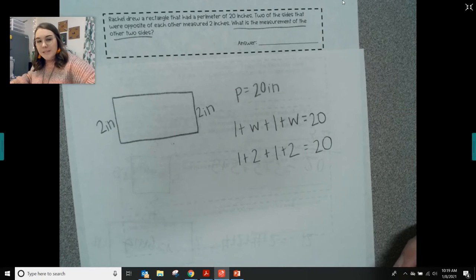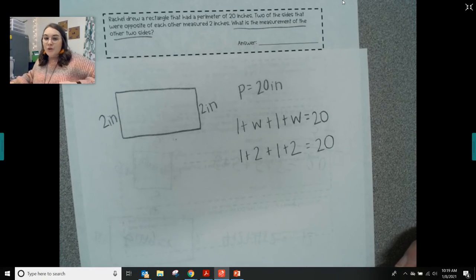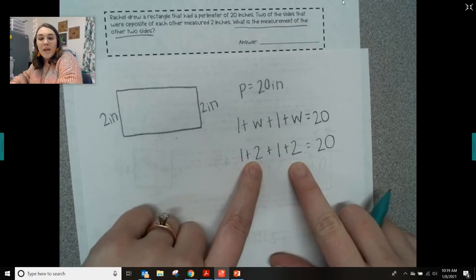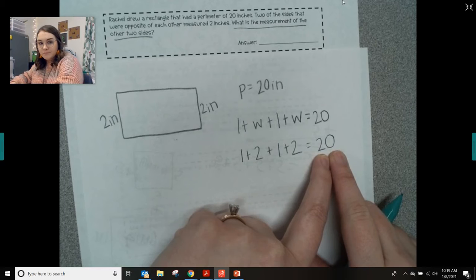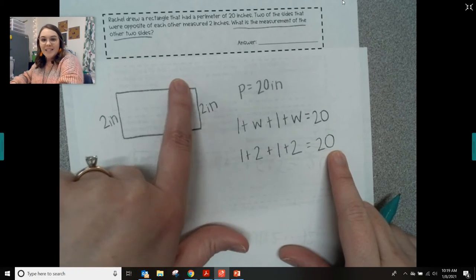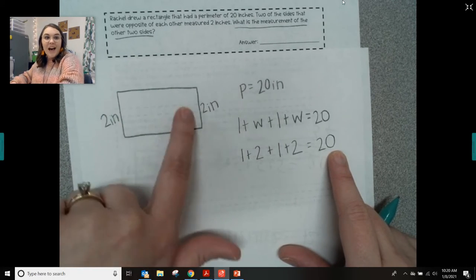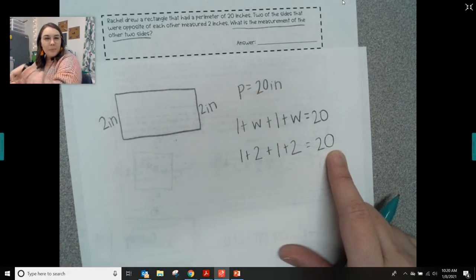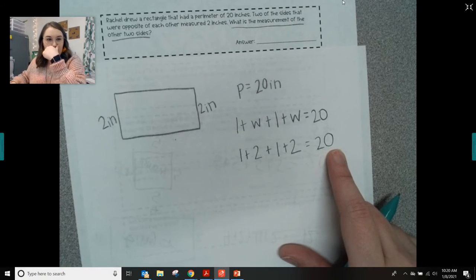Well, we know perimeter is adding up all the sides, right? So what I'm thinking we should do is take these 2 widths and subtract them from 20, right? Because if I've got to add up all the sides and it's going to give me the perimeter, if I subtract the sides from the perimeter, that should give me whatever's left over for right here.